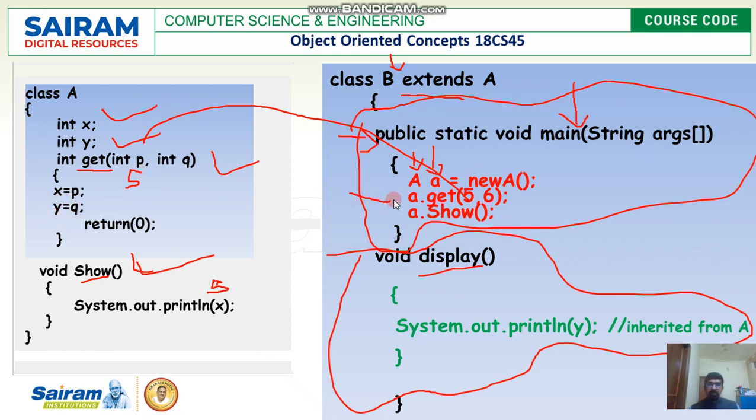This is the first method call. In the second line, using the same object, we invoke the second method in the superclass, which is show, and this prints the value of x. So when we run this program, we get the output 5, because we are not printing any other statement in the print line. We just print the value of x.